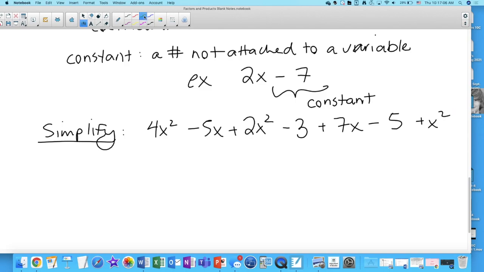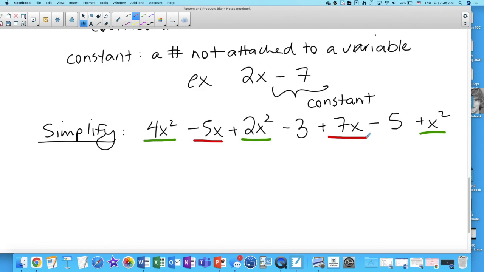So I'm going to underline all of those in one color. Okay, what's another term that I have in this polynomial? Yeah, an x term, correct. So we'll do that in a different color. And then what's another term that I have? Yes? The constants, correct. Yep. So the constants are here.